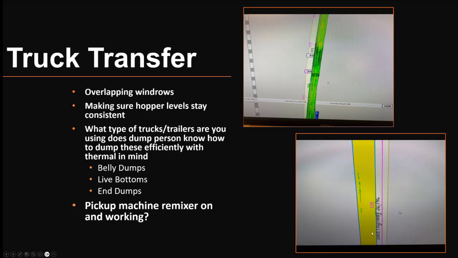These are the CAT thermal images. You can see a nice consistent mat here, which is what you hope to see. Over here it's pretty good, but then right here there would be a paver stop and a new truck, and you can see we're getting a little bit of thermal segregation.